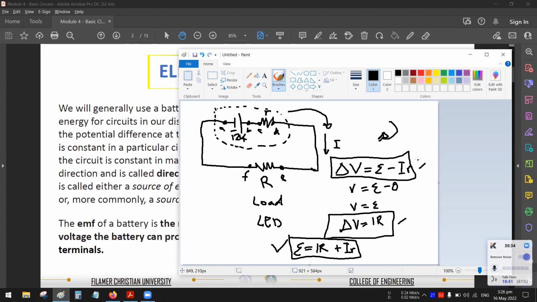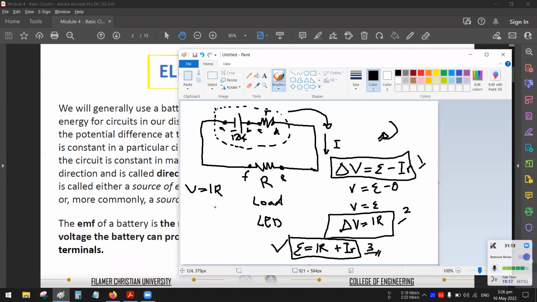If we combine this equation 1 and equation 2, so this is your equation 3. Yan. So ito yung equation 3 mo. So this is your formula for EMF or electromotive force. So this is for real, dealing with real battery. Okay, kasi meron tayong internal resistance and external resistance. But ideally, we can just use the V is equals to IR. Kasi wala naman tayong internal resistance.